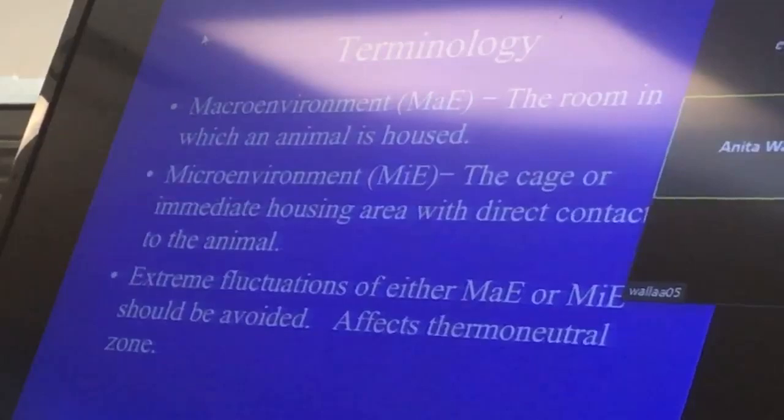So a cage, the immediate housing area for that animal, would be the microenvironment. These concepts are primarily applied to rodents, or any small animal, rodents, birds, not so much applied to housing large animals. So that's the macro and microenvironmental concept.